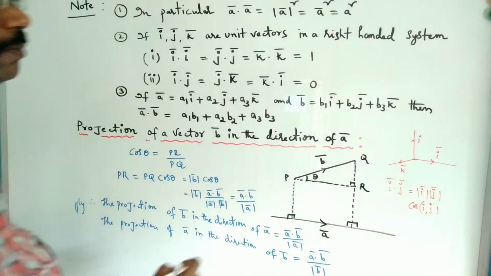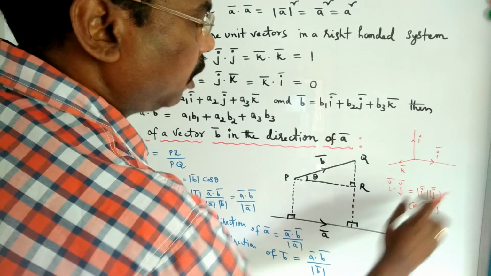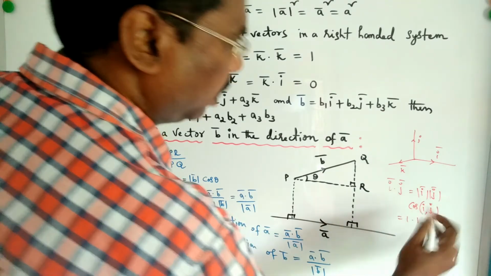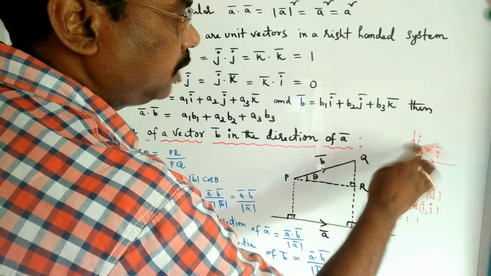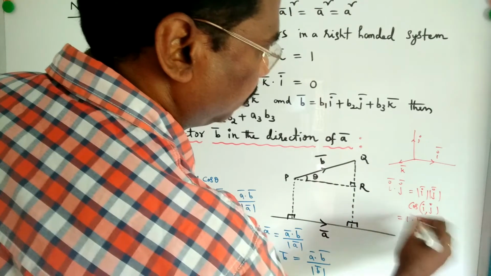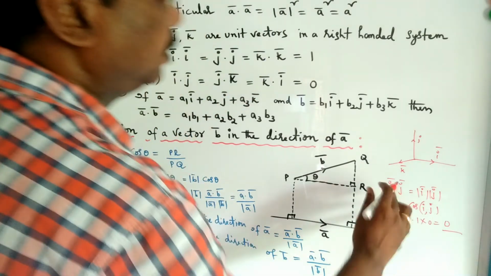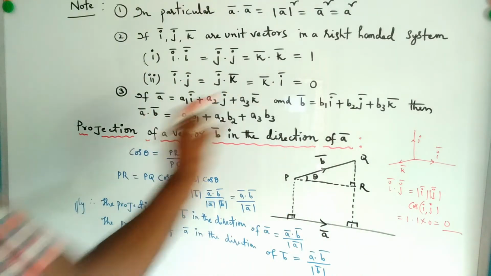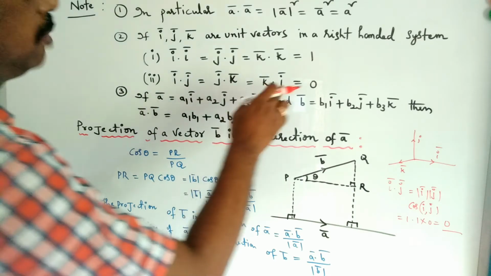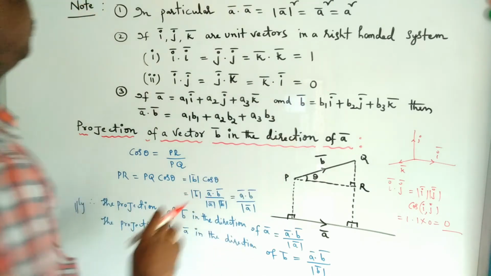Mod I bar value is 1. Mod J bar value is 1. Cos 90, that value is 0. Now 0 into anything is equal to 0. Therefore, I bar dot J bar is equal to 0. Similarly, J bar dot K bar, K bar dot I bar is equal to 0.